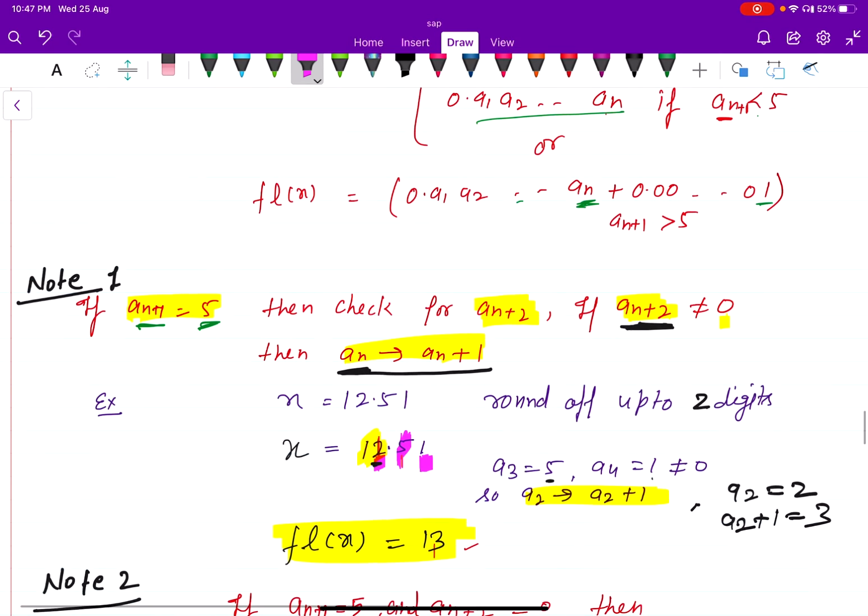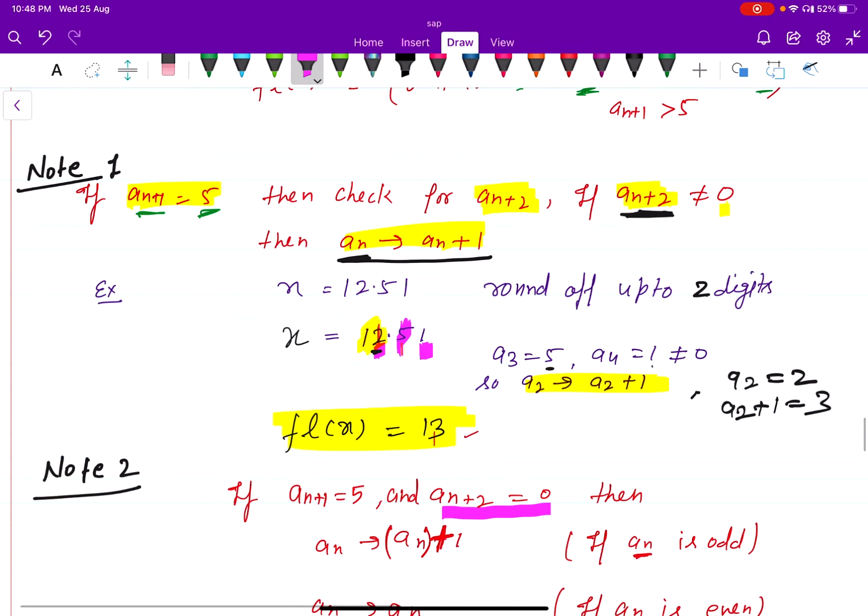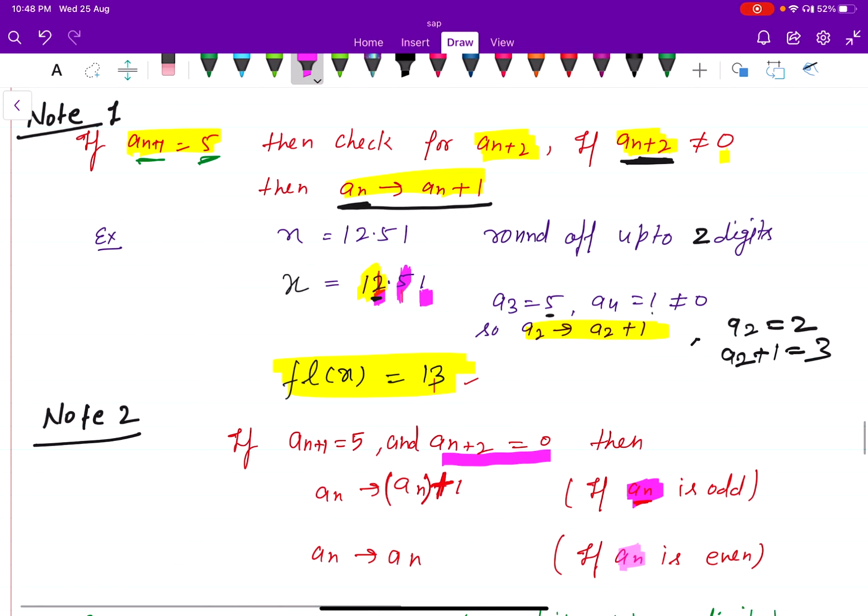Okay. Second case is what? We'll check again the case when an plus 1 is 5, and an plus 2 is coming out to be 0. If an plus 2 is coming out to be 0, then what we will do? Again there exist two cases.